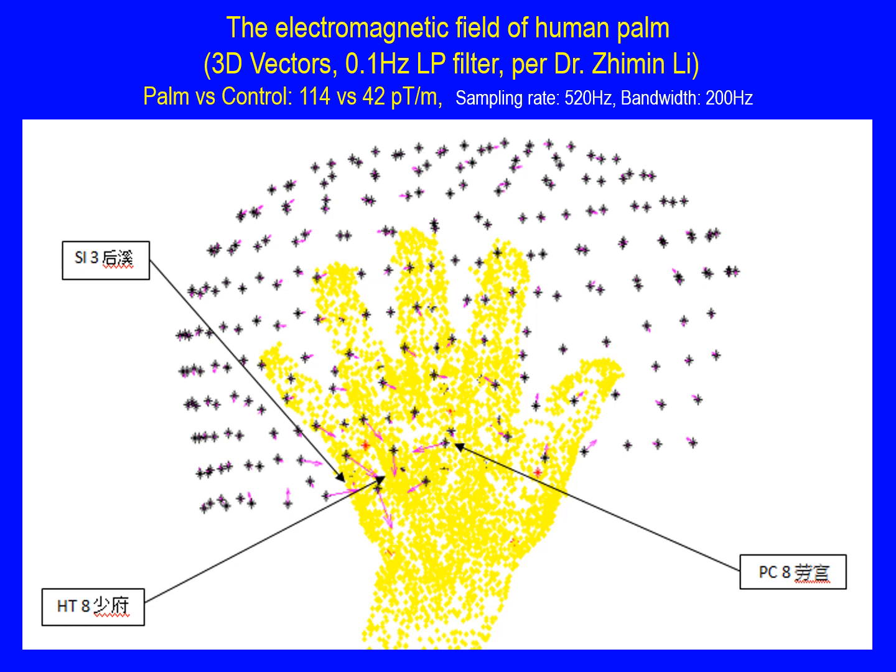The instrument used is actually an MEG, magnetoencephalogram machine, but it was repurposed for measuring the electromagnetic field of a human hand.